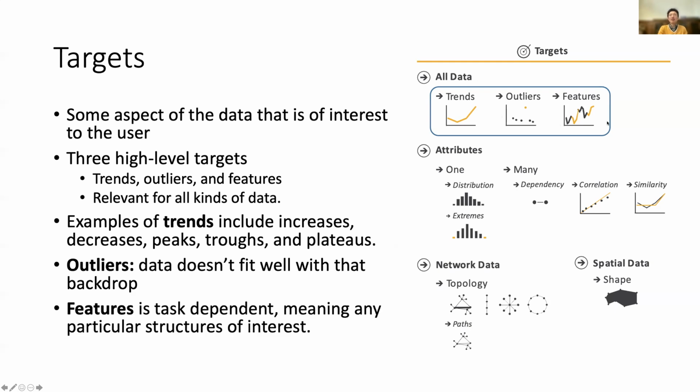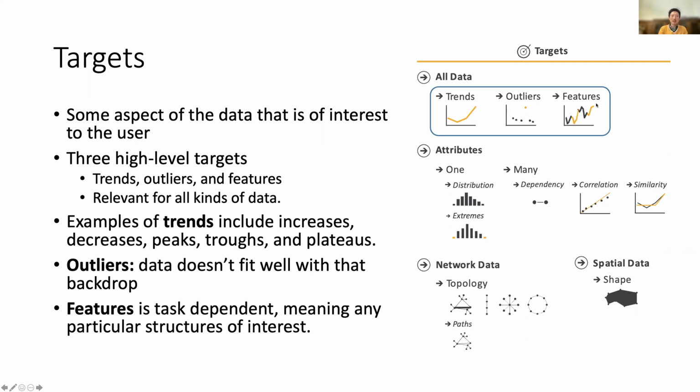Okay, and features basically just means if it's not trend or outlier, you can just put it in features. Again, later on in the coursework, you need to specify whether a user is trying to identify trends, or the analysis task asks you to find trends, outliers, or features from the data set. Again, you have to use these terms, especially features, in the way it's defined.